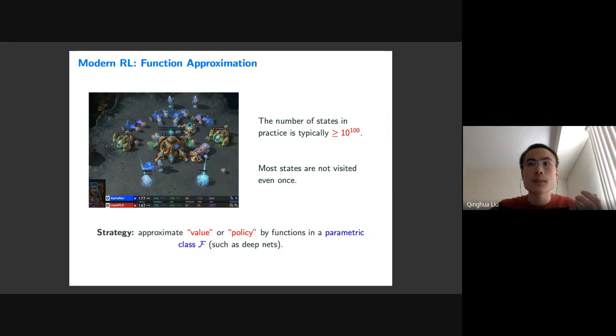So to solve this kind of large-scale RL problem, we need to adopt a different strategy called function approximation. We approximate either the value function or the policy by some functions in a parametric function class. So for example, we can choose this F to be a linear function class or deep neural networks.